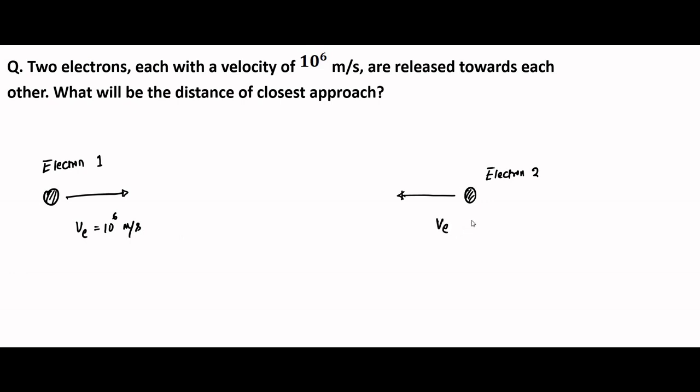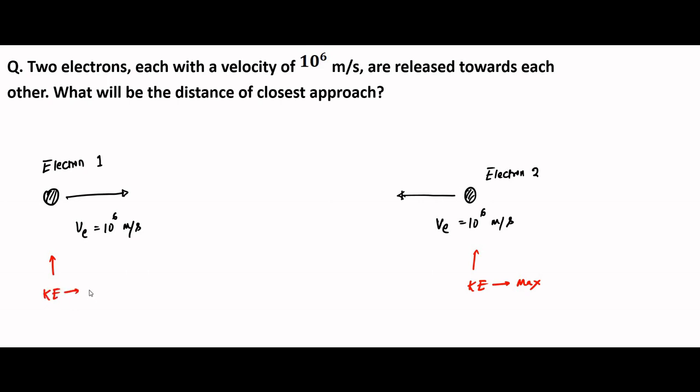Same here also, same 10 to the power 6 meters per second. So at this point, their velocity will be maximum just after the point where it is released. Kinetic energy will be maximum, max.